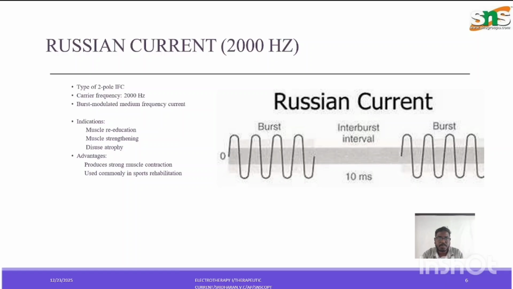Now we're going to see about the Russian current. The Russian current has the frequency range of 2000 Hz. The two-pole interferential current is also a type of Russian current, where the frequency range is used in the burst modulated medium frequency current. The indications for the Russian current are muscle re-education, muscle strengthening, and disuse atrophy.